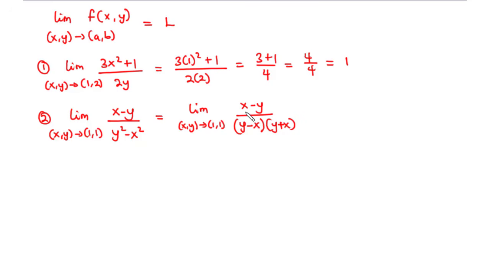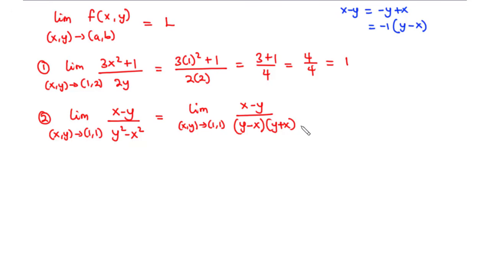Now notice that x minus y is not the same as y minus x. At the numerator we have x minus y, and we can represent this as negative y plus x, and then we factor out negative 1. Negative 1 times what will give you negative y? That is y. And negative 1 times what will give you positive x? That is negative x. So instead of x minus y, we are going to have negative 1 into brackets (y minus x).